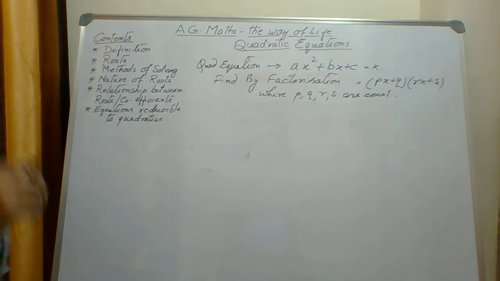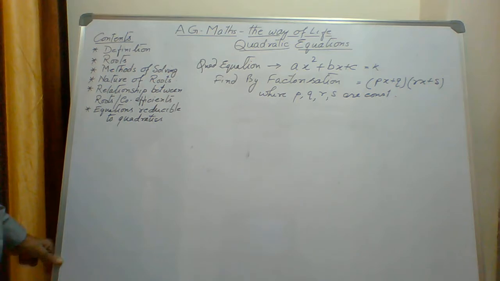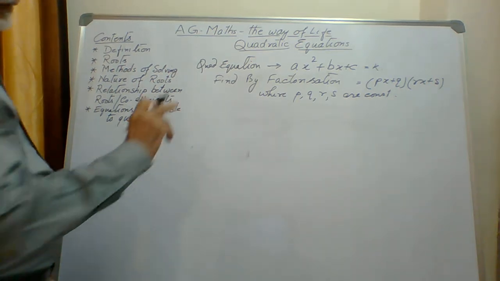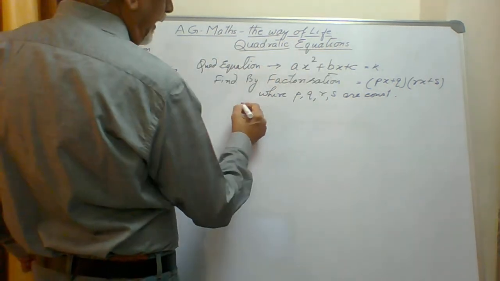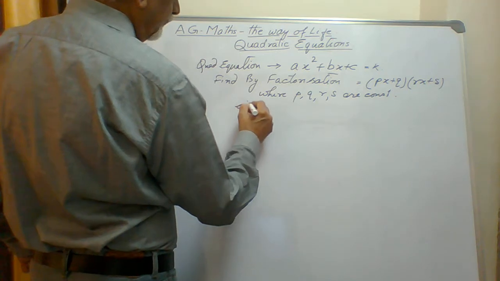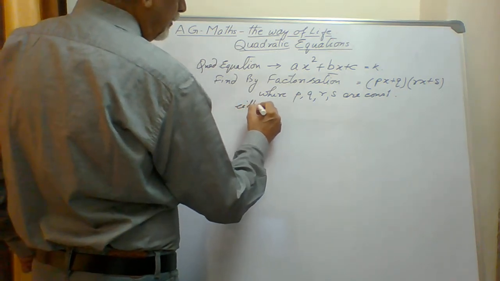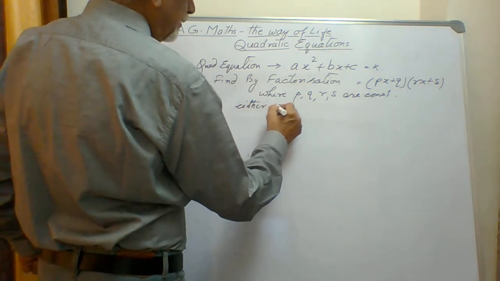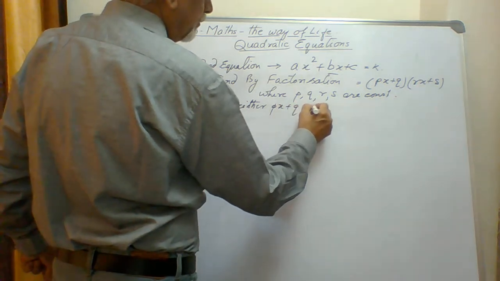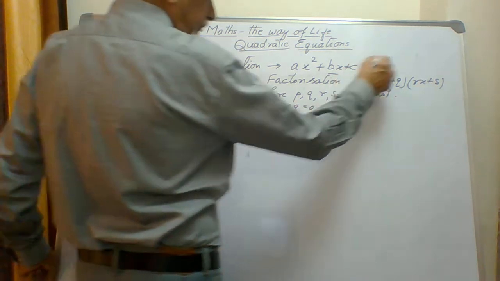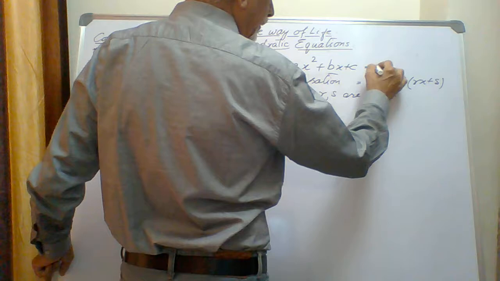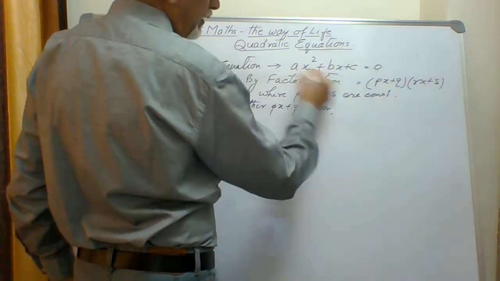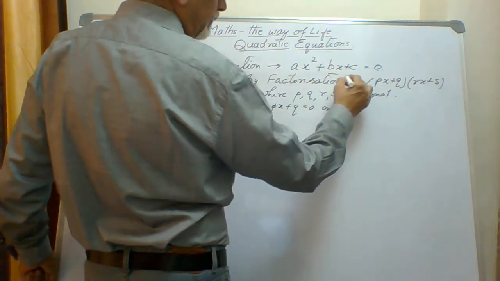Then we'll have two values for x. If I write this as the product of these two, then either px plus q should be 0, or the other factor is equal to 0. Left hand side is this, LHS.